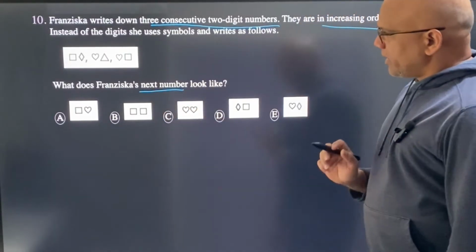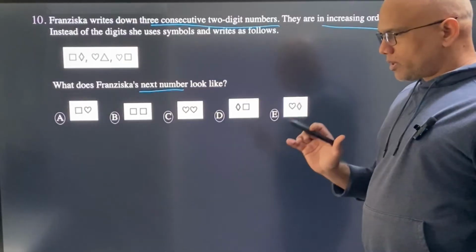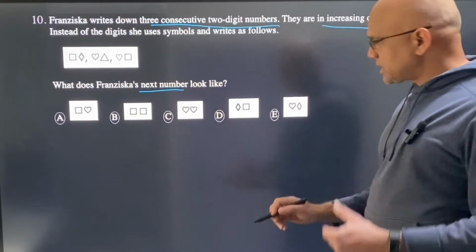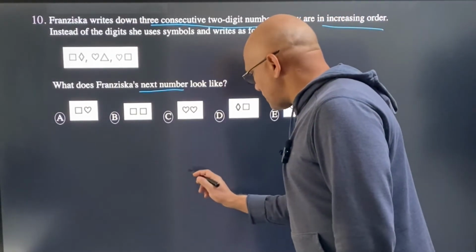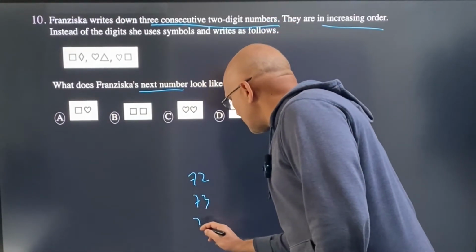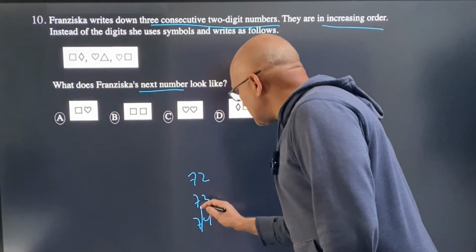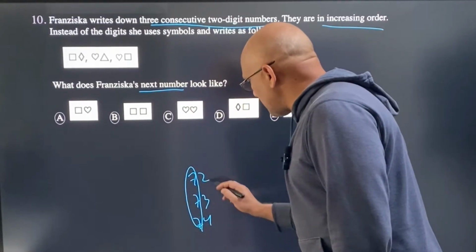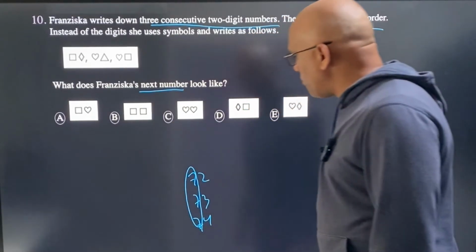All right. When we have 3 consecutive numbers, the tens place will be the same. There is one choice. Let's say, just for the sake of example, 72, 73, and 74. The tens place are the same, and units place increases by 1.